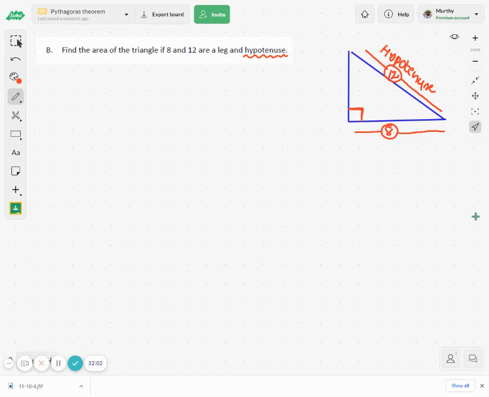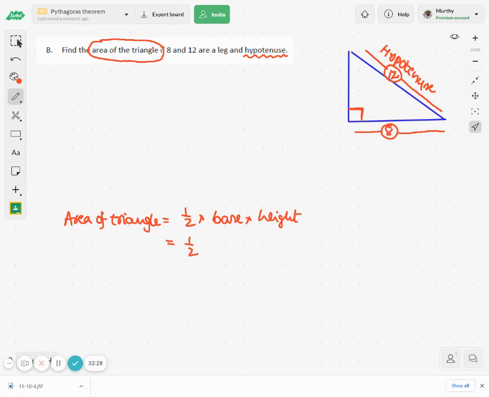Okay, and the question is find the area of triangle. I know that area of triangle equals half times base times height.